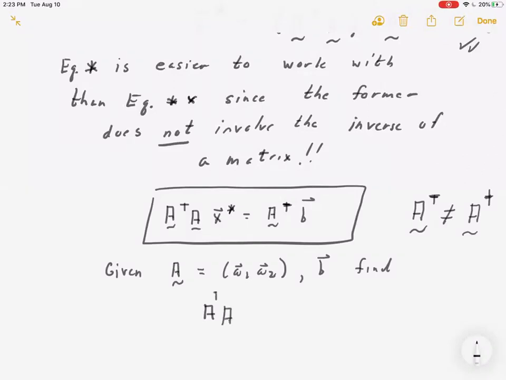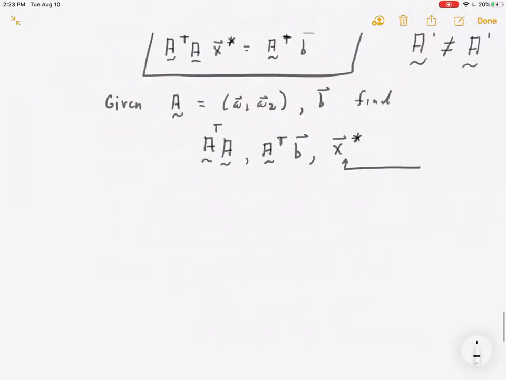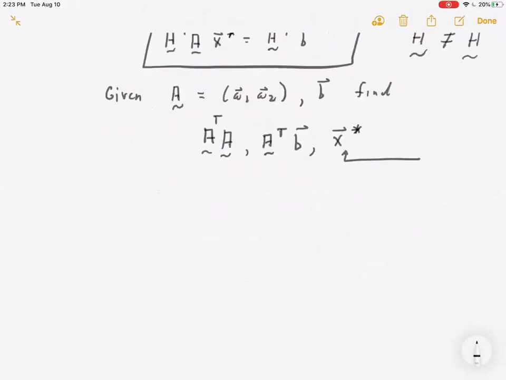So we're going to need to find two things. We're going to need to find the matrix product of the transpose of A times A. We're going to need to find the transpose of A times B. And then finally, we're going to need our answer. That is, what is A asterisk?